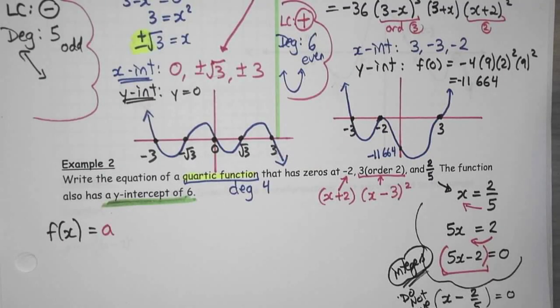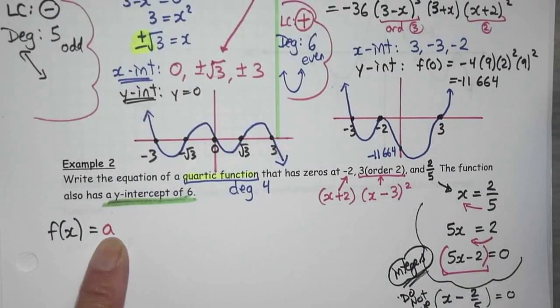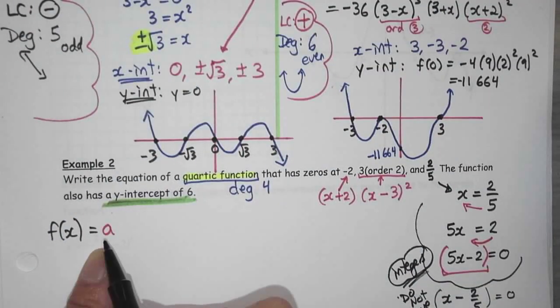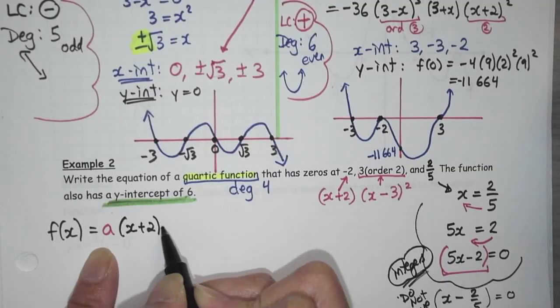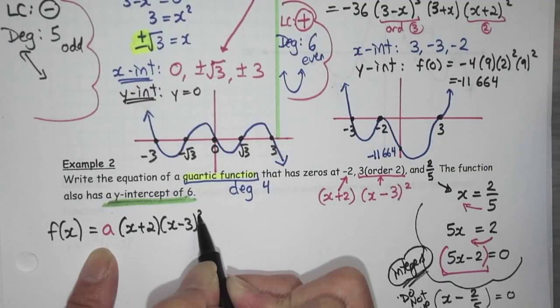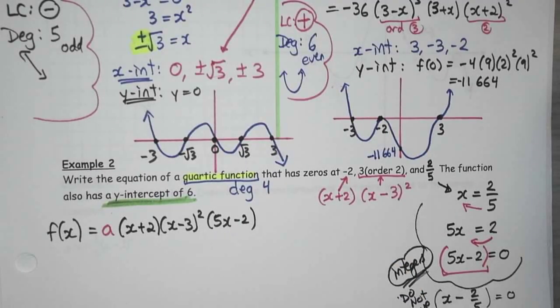So that's the unknown part. You're saying, for instance, like you have a parabola, you know where the roots are, but you don't know if it opens up or down or how much to stretch or shrink it by. So this is the a part that's missing. So this y-intercept will help me get the a. I can put everything else here, so x plus 2, x minus 3 squared, and 5x minus 2, like that.